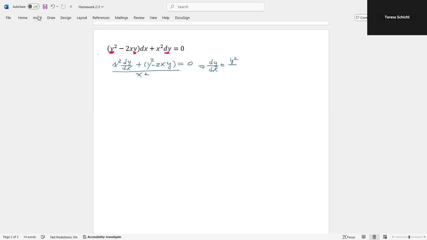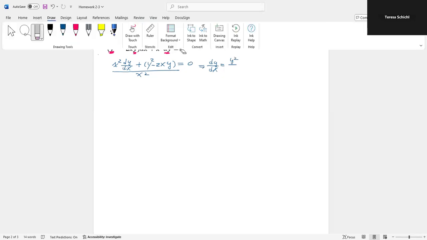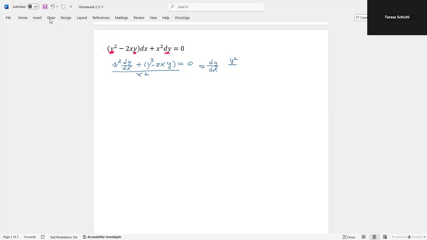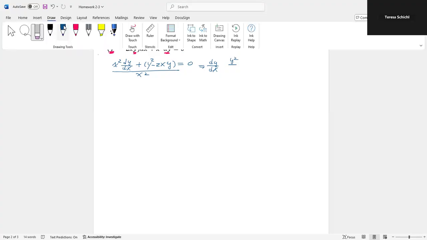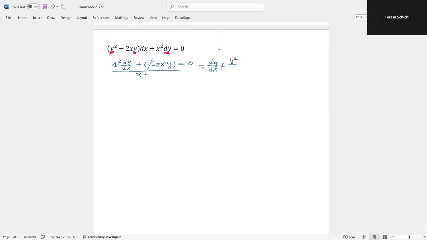Plus, I'm sorry. Here I need to be very careful. One thing I found out about doing differential equations is that silly algebra mistakes, like a simple plus or minus sign, are really going to screw you up. So be very careful about your algebra.